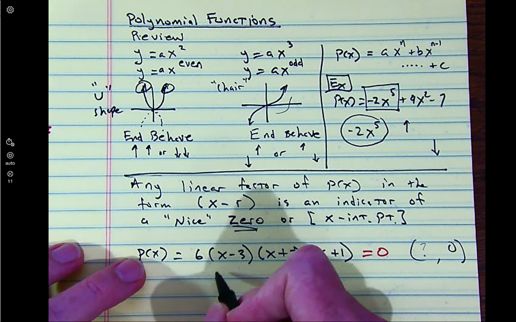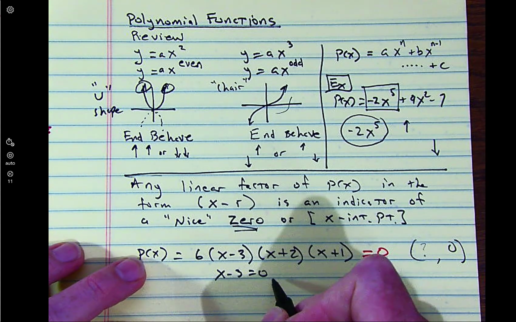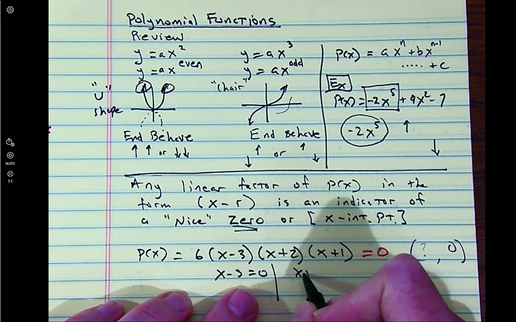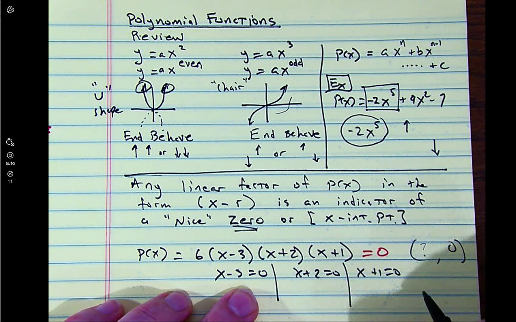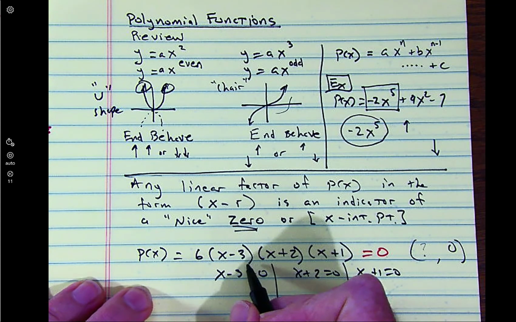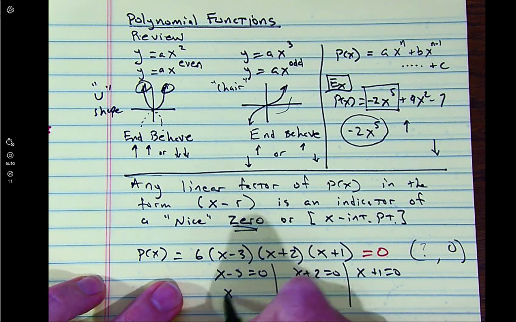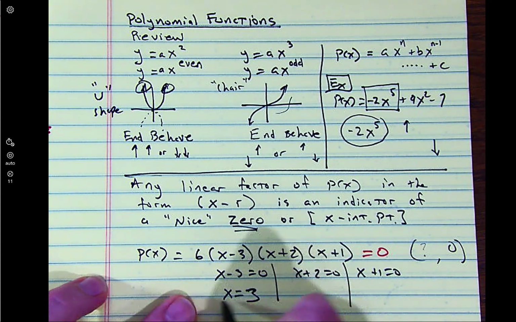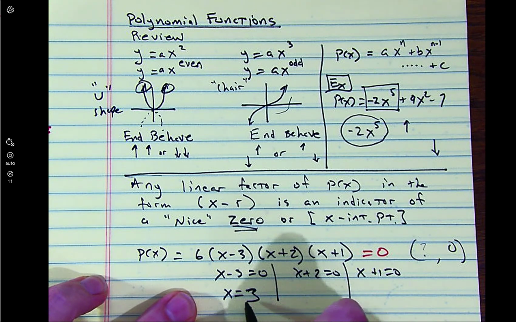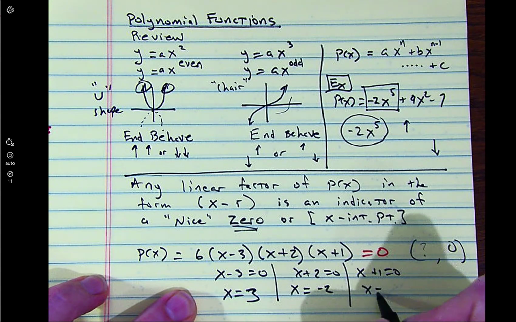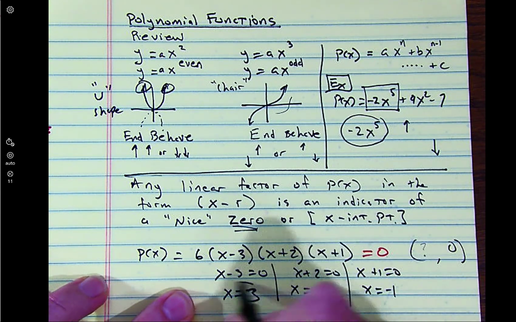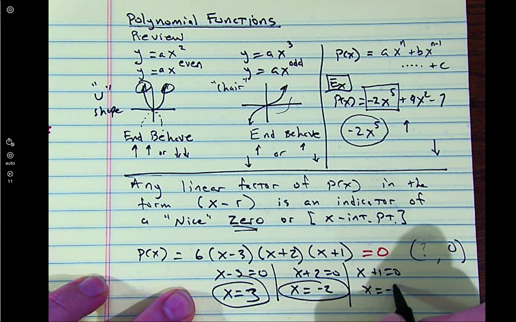And that means x minus 3 would have to equal 0, just like quadratic equations. And so each of these linear factors is solvable for 0, so I get x equals 3 is one of the zeros. Minus 2, minus 1. So there's a 0, and a 0.